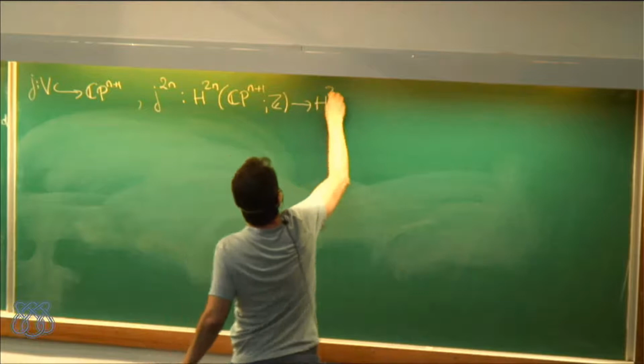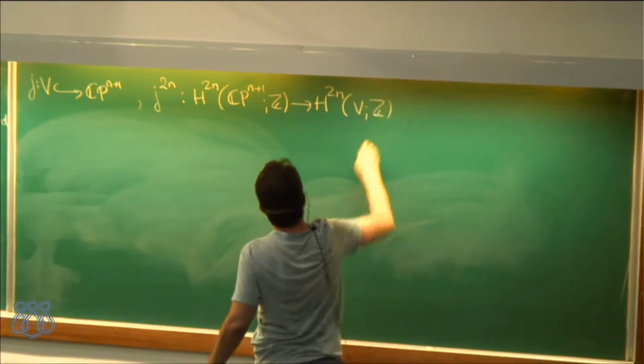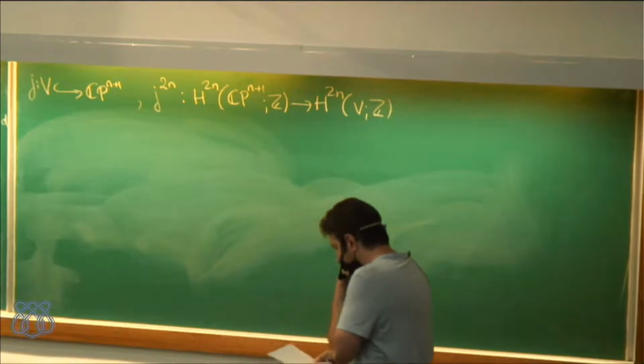This would be something that Kato's theorem addressed already. So if I look at j in degree 2n, in cohomology, still with Z coefficients, what is this?